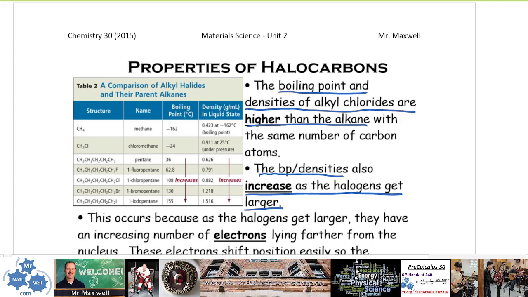The boiling points and densities also increase as the halogens get larger. So let's think about that for a second. Boiling point. Okay, so the amount of energy it takes to split apart the molecules in the liquid stage to put them into the gas stage. So there's a little bit of a higher attraction between an alkyl halide than just the straight chain carbon.